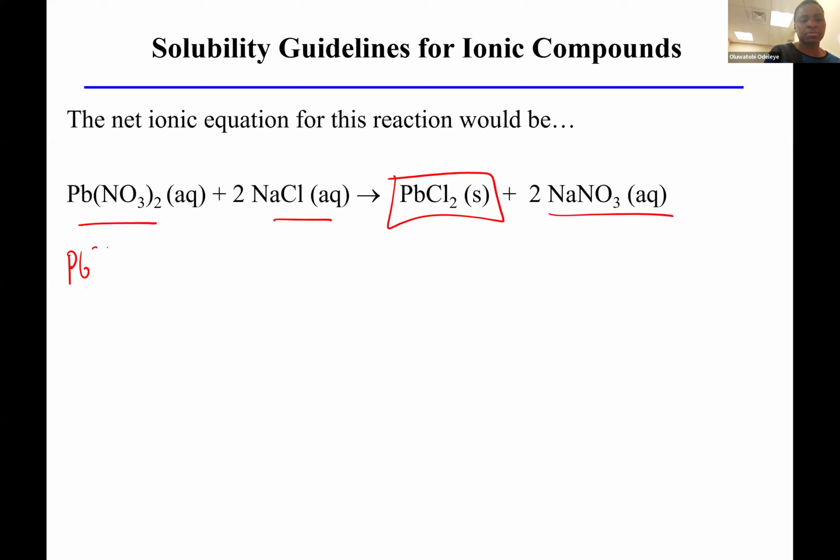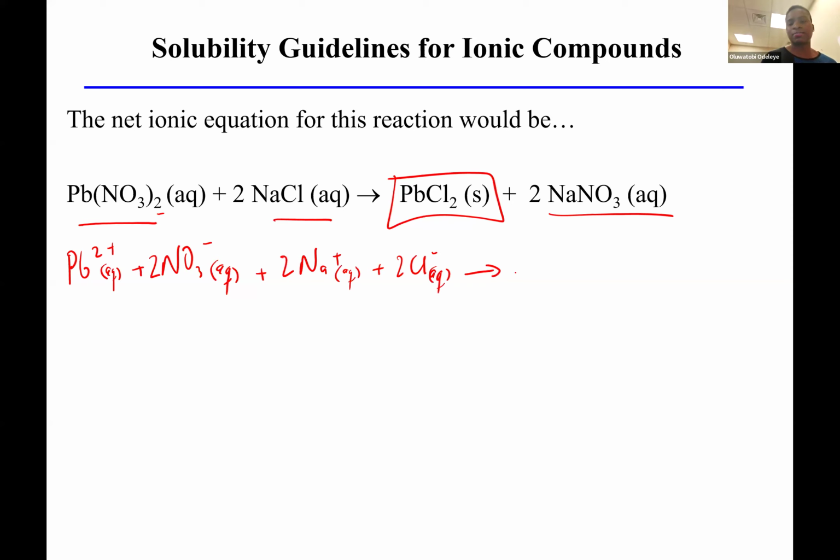So in this case, it's Pb2+ aqueous, plus the nitrate, NO3-, I have 2 of that, plus 2 sodium, aqueous, and 2 chloride ions aqueous, to give PbCl2, which stays together because it's a solid, 2 Na+ aqueous, and 2 NO3- also aqueous.